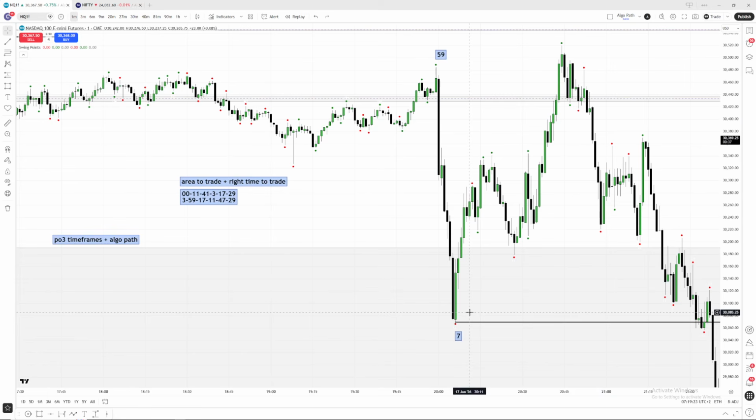Okay. If you are a PD array kind of a trader, then you know which PD arrays are going to work. The CE times will tell you the direction. Okay. So whatever ICT didn't reveal, it has all been revealed here. Okay. Now it's your job to make use of this knowledge and make money.